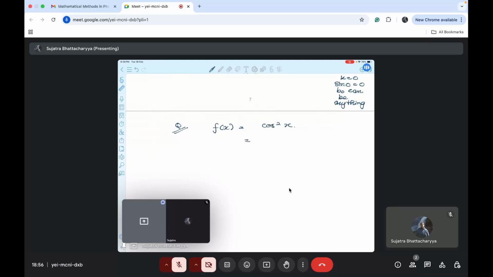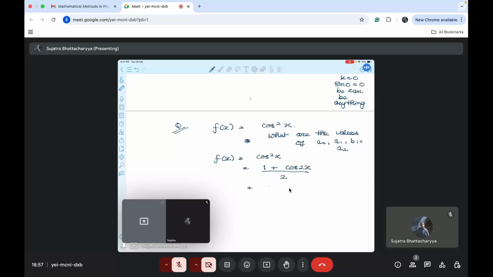The question is, what are the values of a naught, a1, b1, and a2? f of x is given as cos square x, and we can write this as (1 plus cos 2x) by 2.